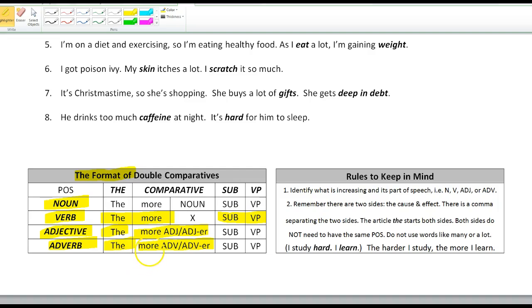If it were delicious, it would be the more delicious. And then we have adverb. If it were fast, it would be the faster. If it were quickly, it would be the more quickly. And then for either an adjective or an adverb, the subject and verb phrase come after that.